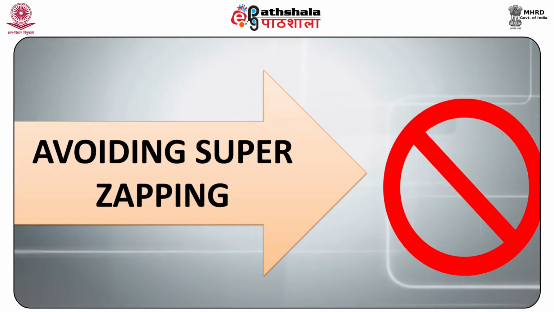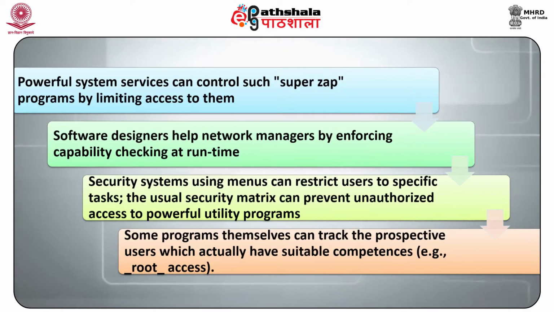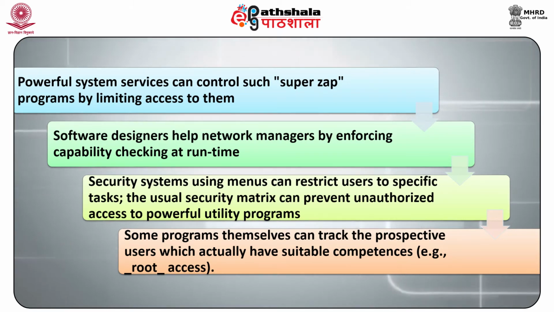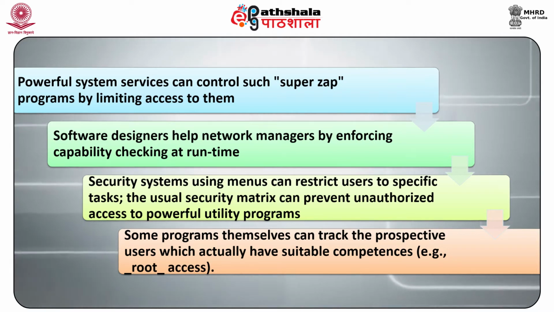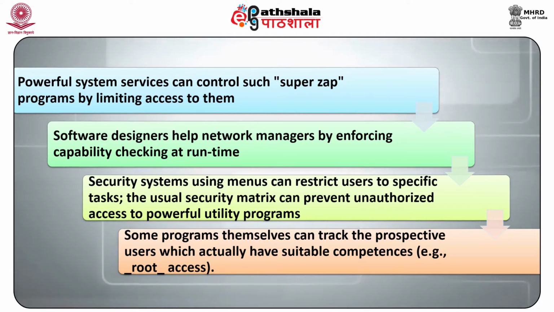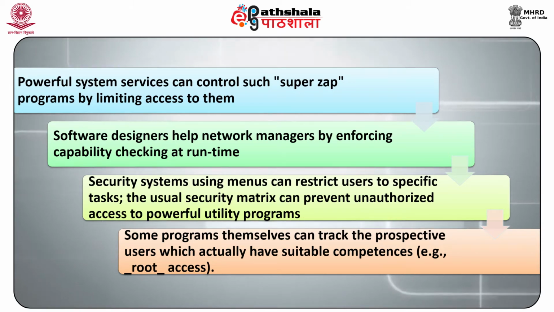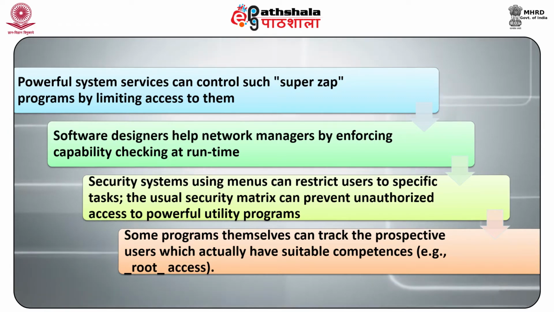Avoiding super zapping. Powerful system services that avoid typical control can be used to damage data and code, but network supervisors can control such super zap programs by limiting access to them, and software designers can help network managers by enforcing capability checking at runtime.